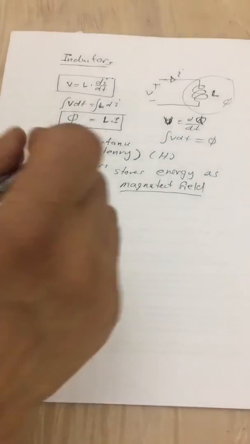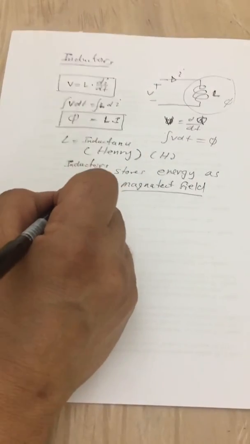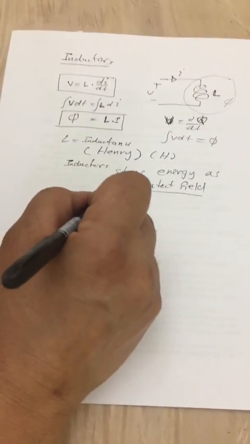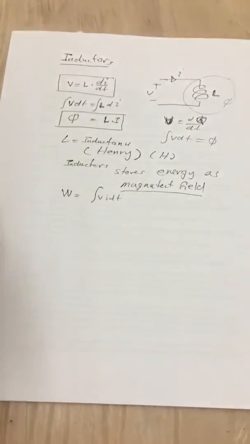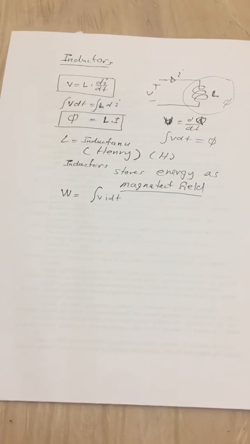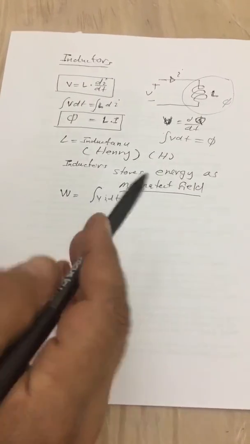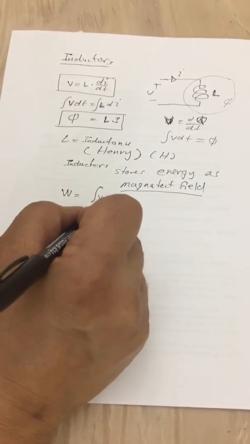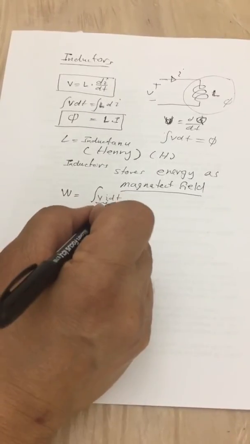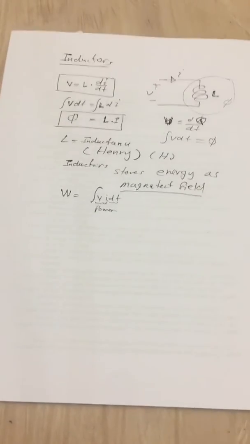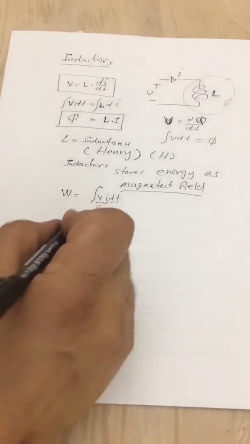Now we want to calculate that energy. Energy stored is the integral of VI dt. Always in any electrical element, when we want to calculate the energy, you multiply V times I, which gives you power, and you integrate that power with dt, which gives you the total energy stored.